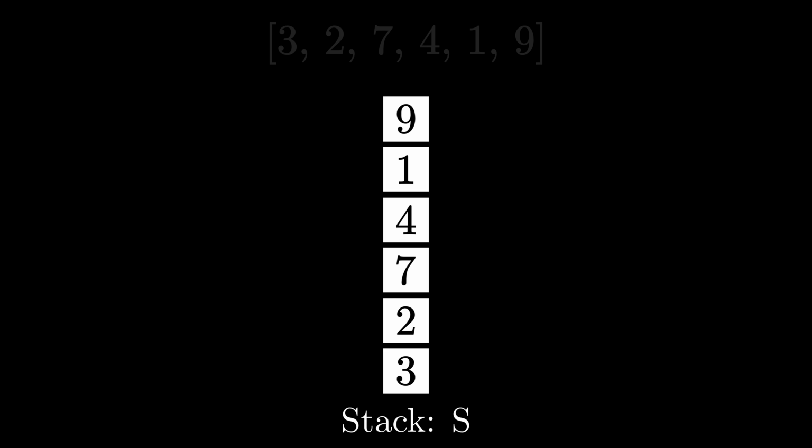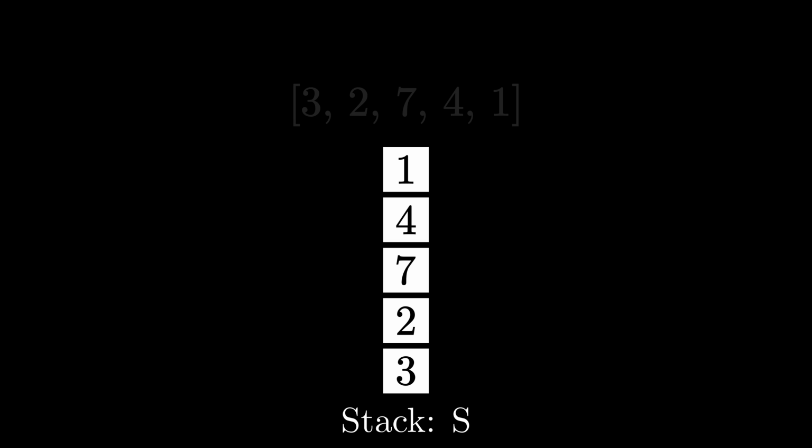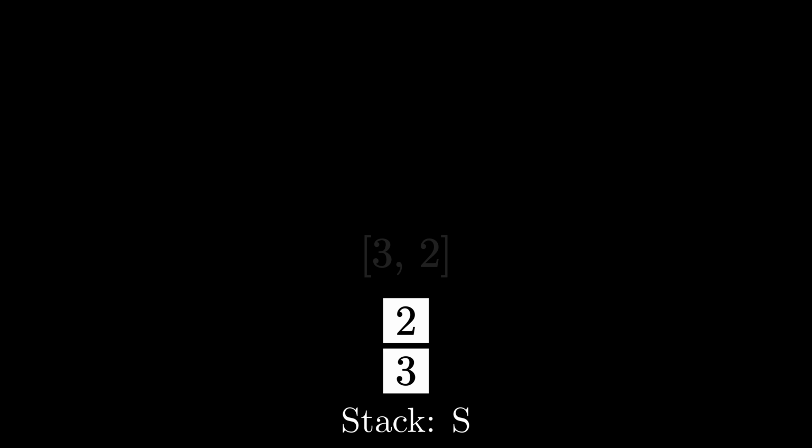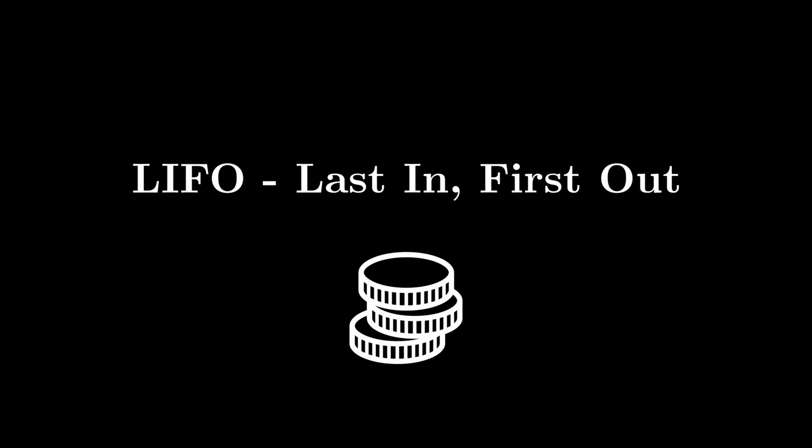Here we don't remove the first element with s.pop(0), but always the last element with s.pop(). A stack works according to the last in first out, LIFO, principle, which is similar to stacking coins.